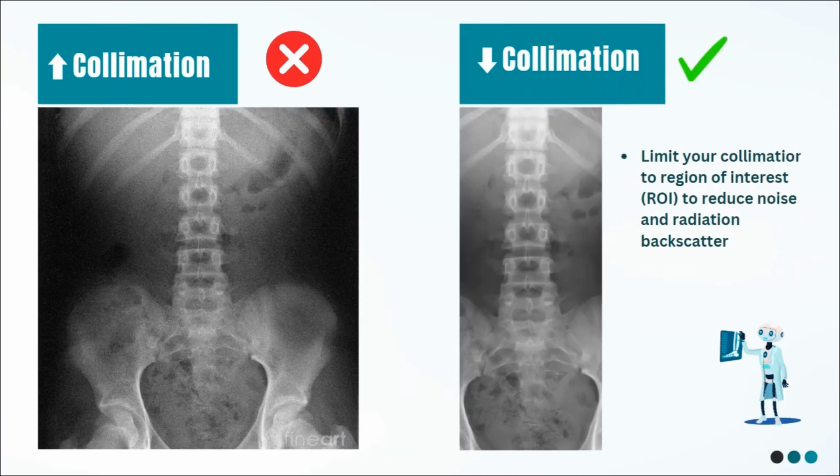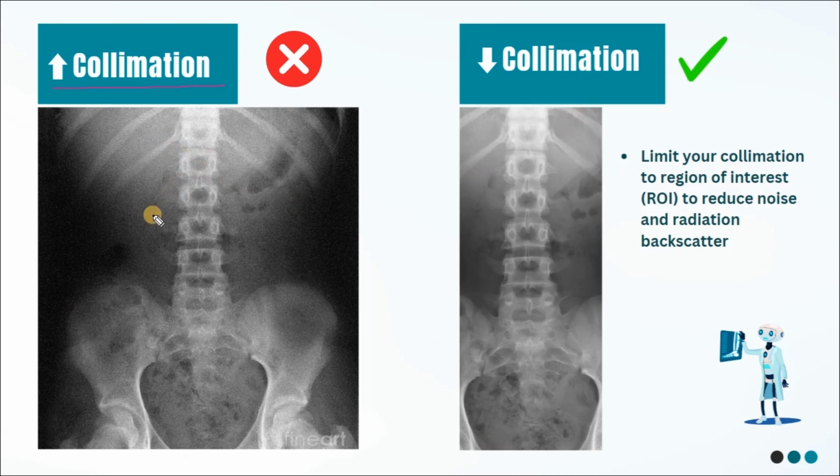And finally, the collimation, which highly affects your image quality and signal to noise ratio. So here's an example. Same patient, same time, but on the left side you see a very, very open collimation, and this one is a limited collimation.